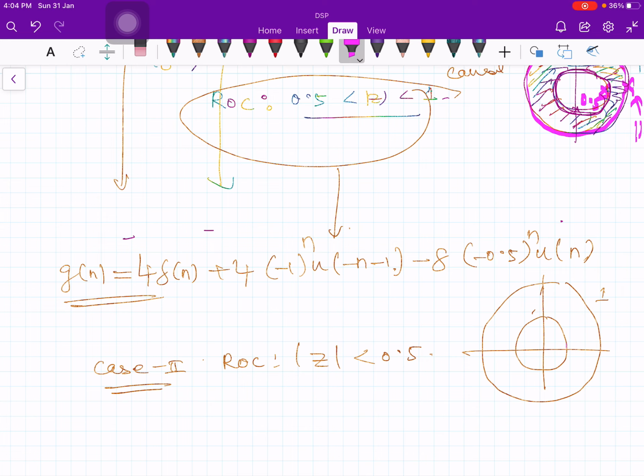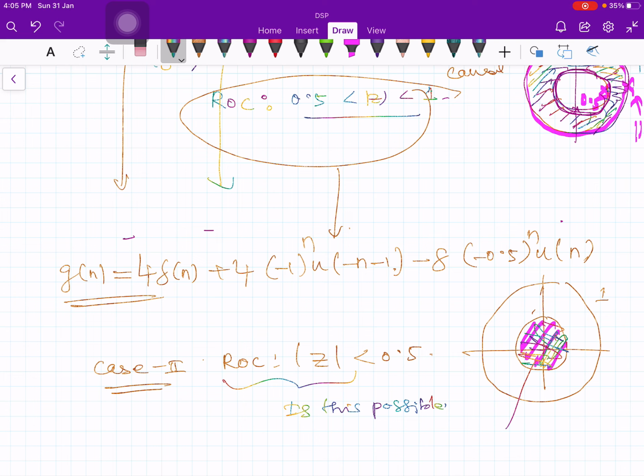Now this is my ROC. Is this possible? Why not? This is possible because the ROC does not contain any poles. As long as it doesn't contain any poles, absolutely no problem.